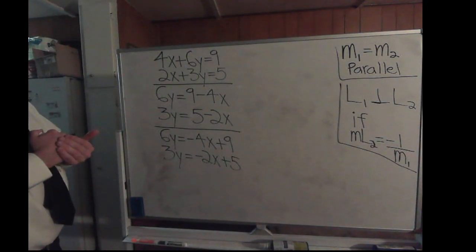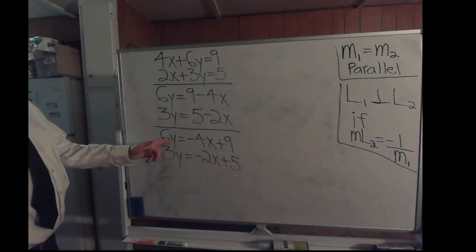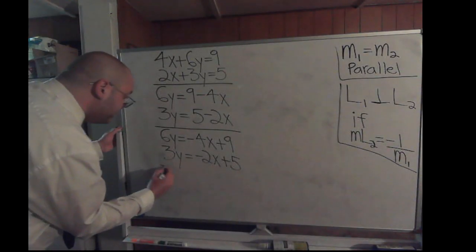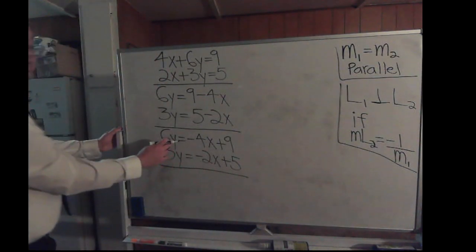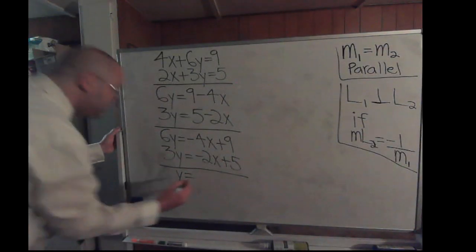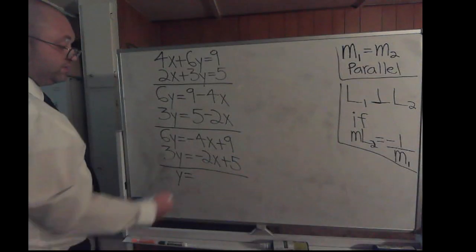Now, to truly get these into slope-intercept form, each of these equations needs to have just y by itself on the left-hand side. So for the first equation, we need to divide that 6y by 6. If you do that, you get y by itself. But what you do to one side, you got to do to the other.